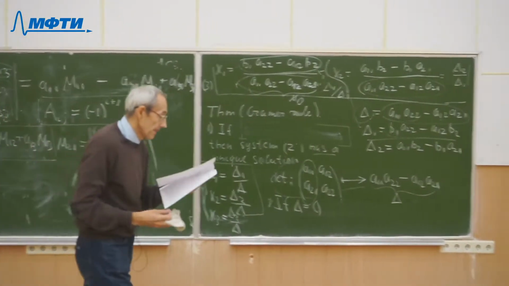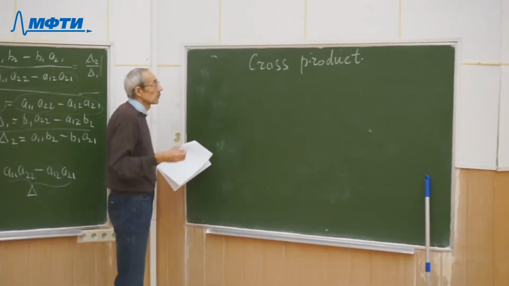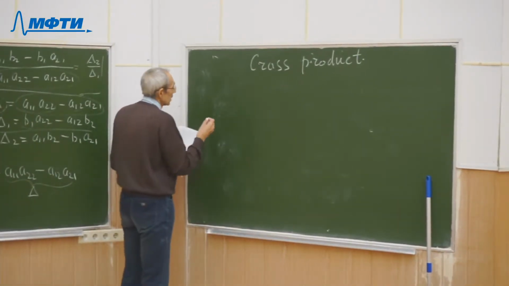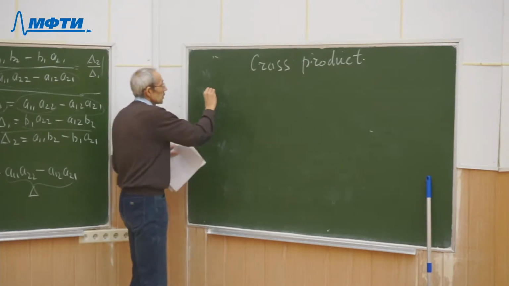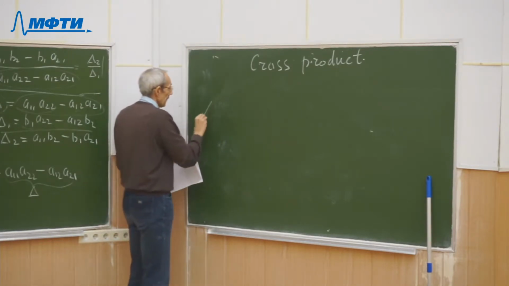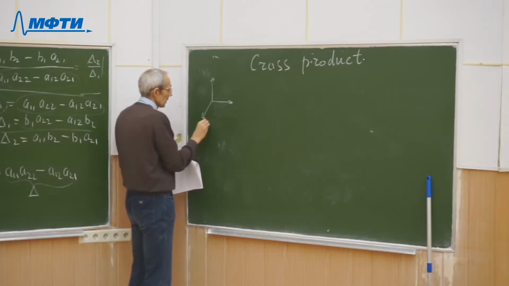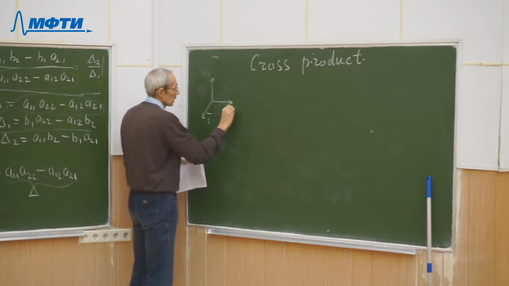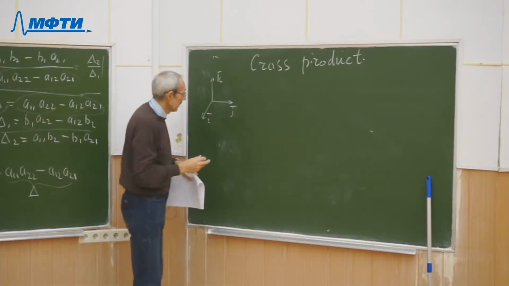Let's define this product for two vectors. We will suppose that in space we choose the standard basis i, j, k.